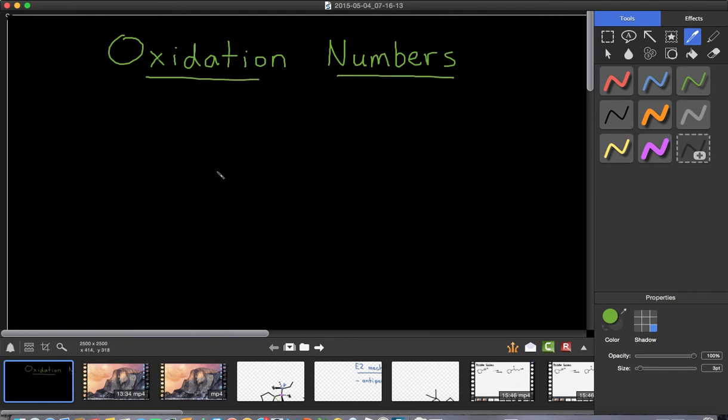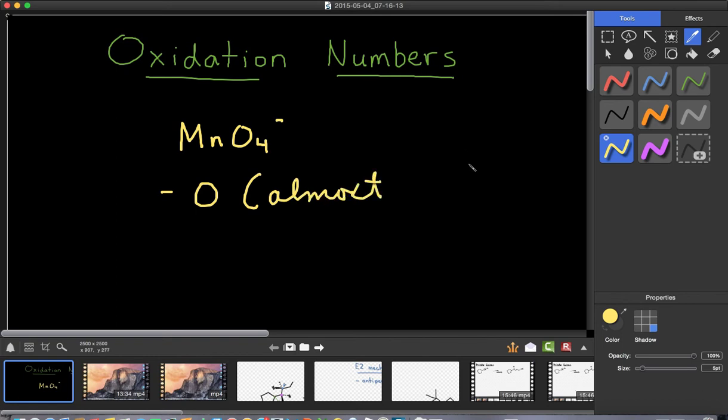So if we were to consider the simple polyatomic ion permanganate, MnO4 minus, the overriding and controlling rule is going to be oxygen is almost always -2.